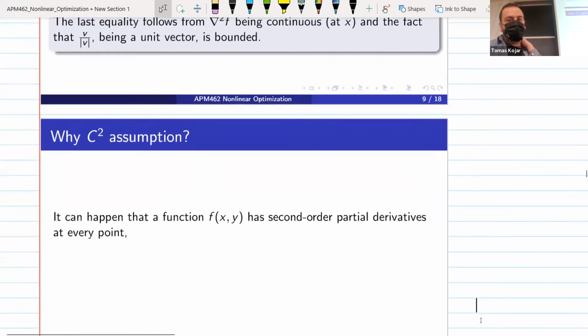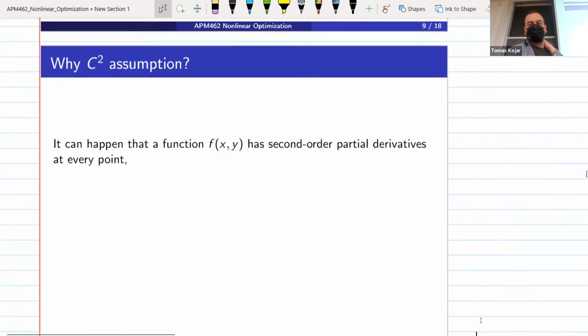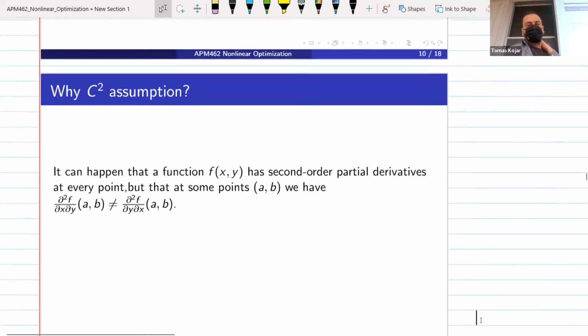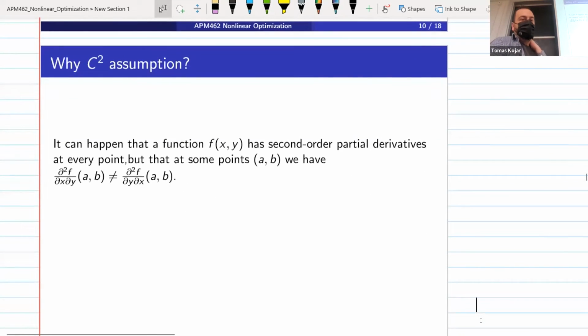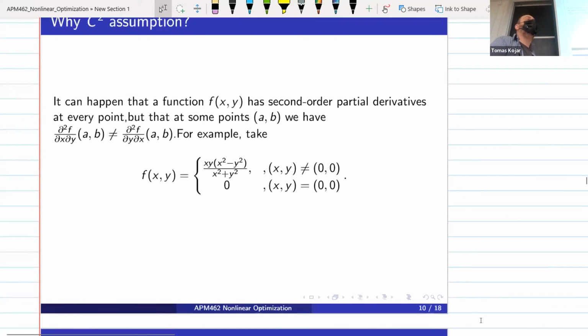Right. So why do we need C2? Just an example to have it in your head, even though you might never see it in actual work. You could have existence of derivatives, but it could be that they do not swap. That's the typical example you'll see. I'm not going to do it now, it's disgusting.